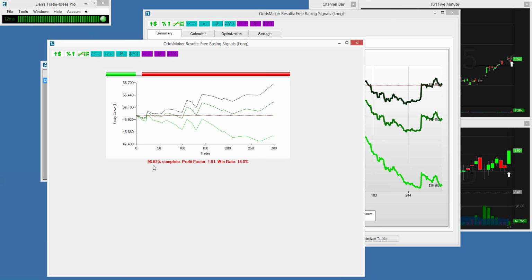Our computers are going back and trying to work every single combination of our filters through this process, and not only crunch the numbers, but in the background, if we want, they can help us with it. So let's see what happens.